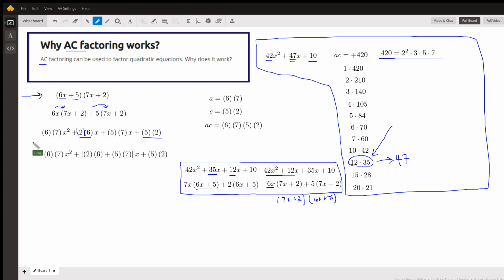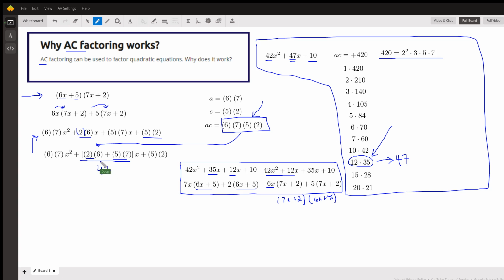Now written in this form, A is 6 times 7, C is 5 times 2, so AC contains all these factors. And if you look at the coefficient of x, all these factors appear in the product A times C. So we're looking for the two numbers that can be formed from the factors of this product that add up to 47.